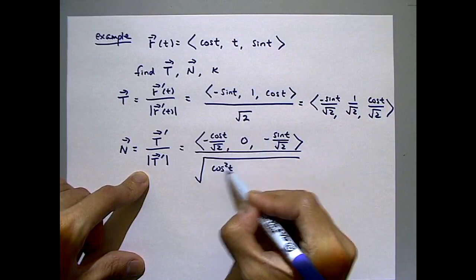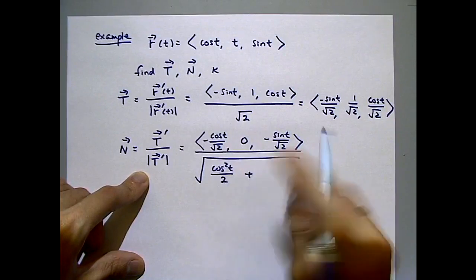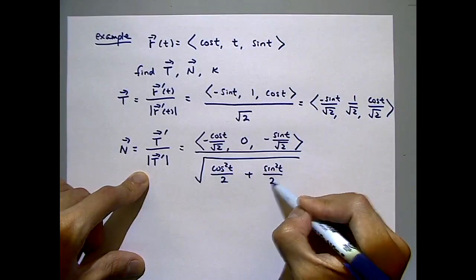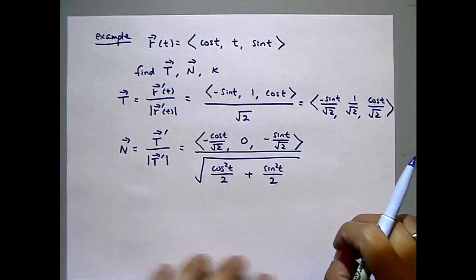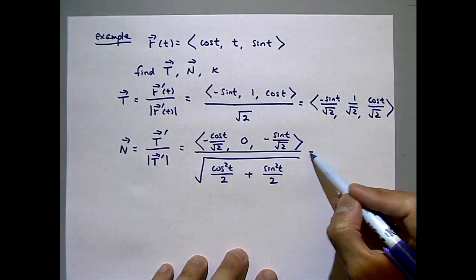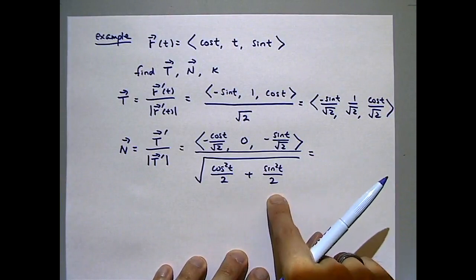Cosine squared of t over 2 plus 0 squared plus sine squared over 2. So this is radical 1 over 2.